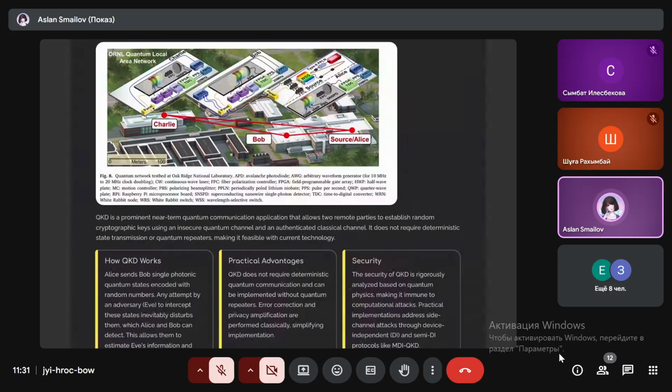QKD, as I said, is a prominent near-term quantum communication application that allows two remote parties to establish random cryptographic keys using an insecure quantum channel and an authenticated classical channel. It does not require deterministic state transmission or quantum repeaters, making it feasible with current technologies.